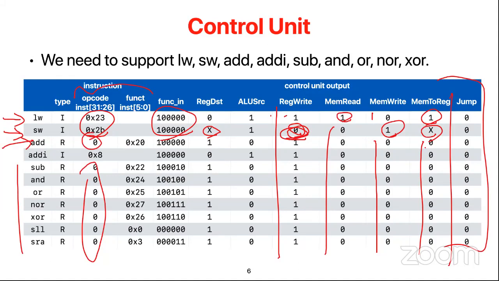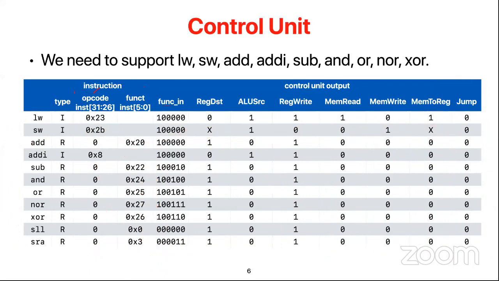You have to tell from their function code to make your ALU function correctly. So as you can see, with a different function code, we have different outputs to the function input for your ALU. So that's the stuff that you have to be paying special attention to.